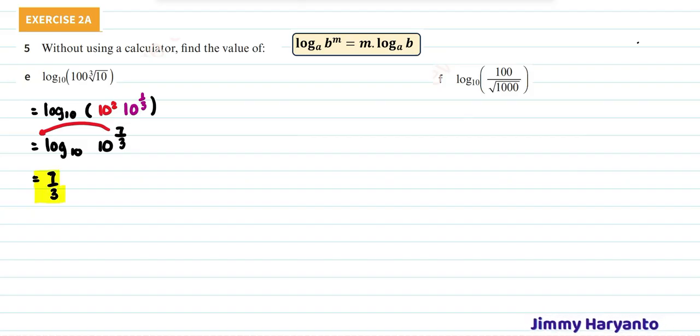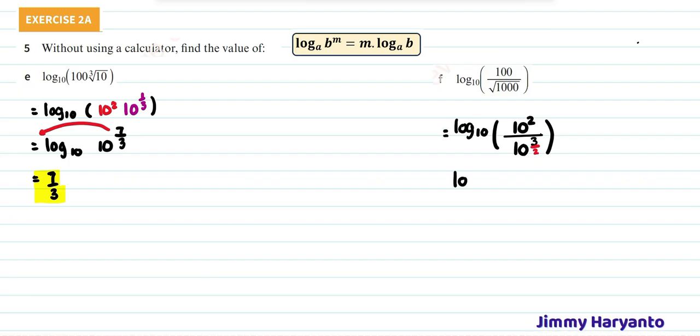Next, 5f is the same. You have to simplify the one inside the brackets first. 10 squared for the 100. For this one is 10 to the power of 3. It's 1000. That means 10 to the power of 3. But we have square roots. That means 3 over 2. Okay, so this time we have division.